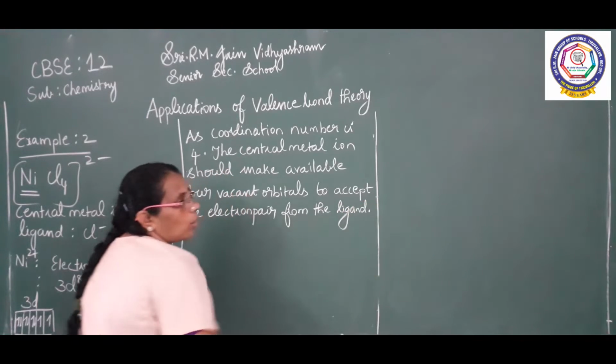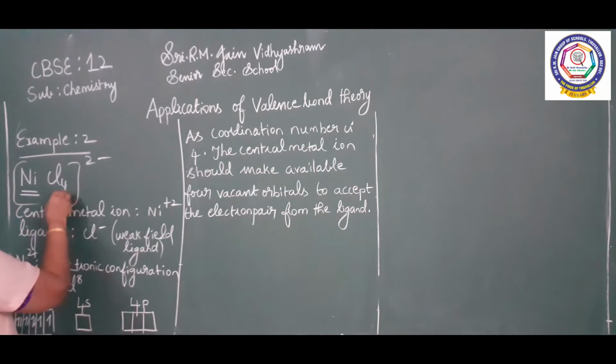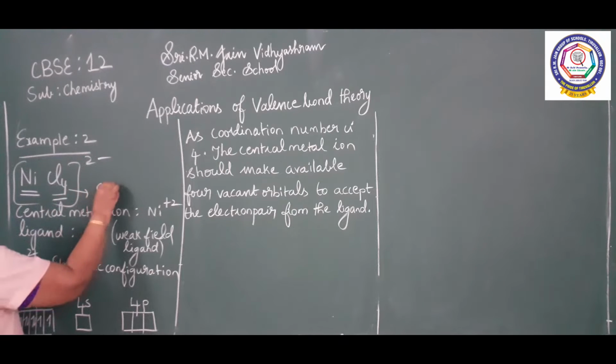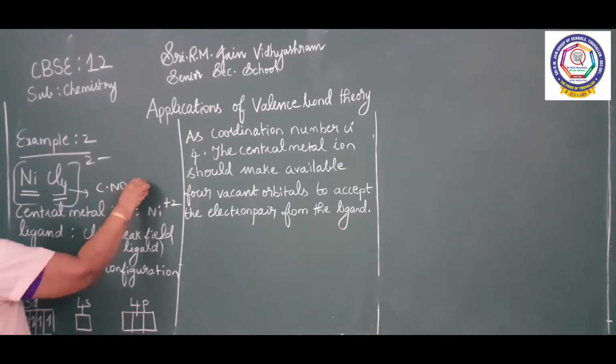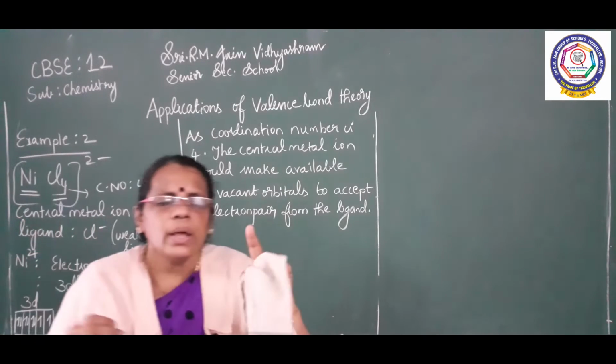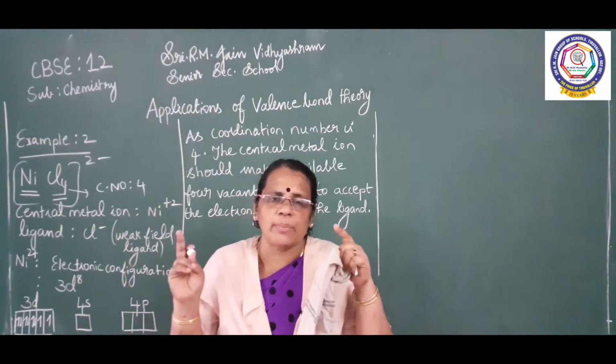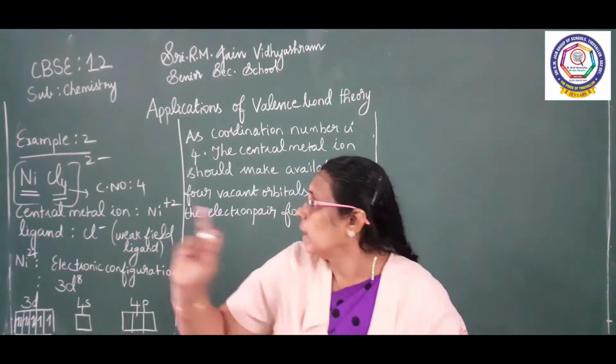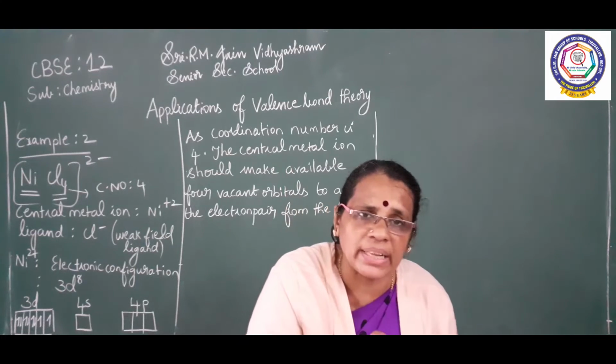So here the coordination number is 4. What is the meaning? 4 ligand molecules are attached to the central metal ion. There are 4 chlorine atoms attached to the central metal ion.